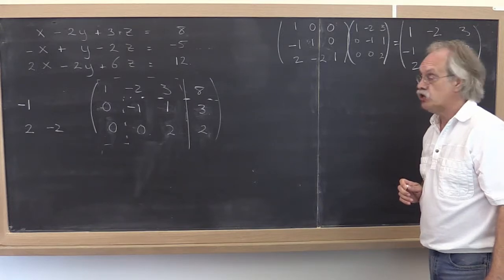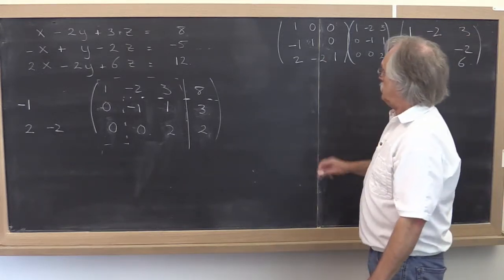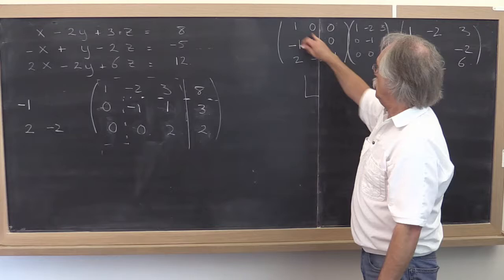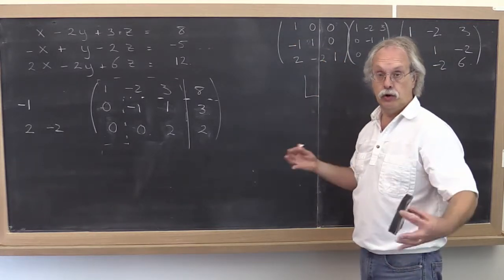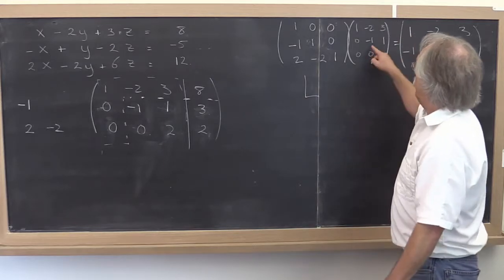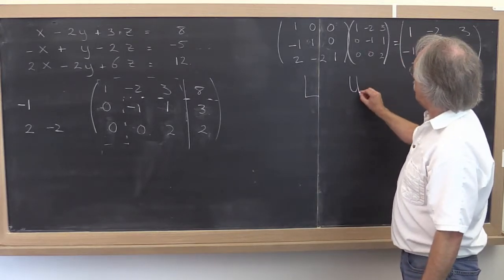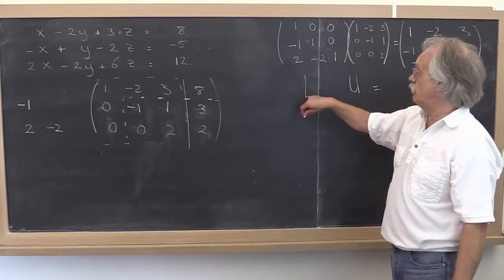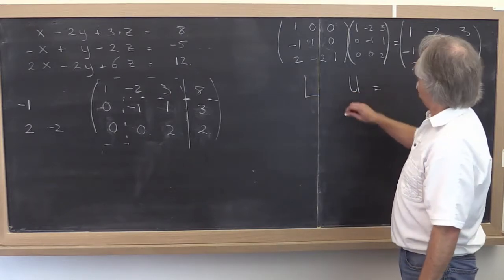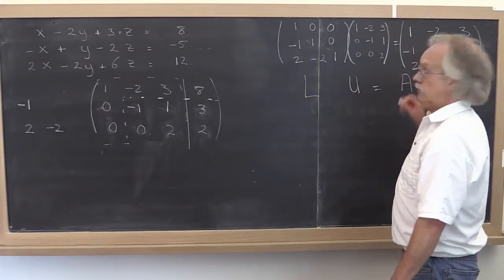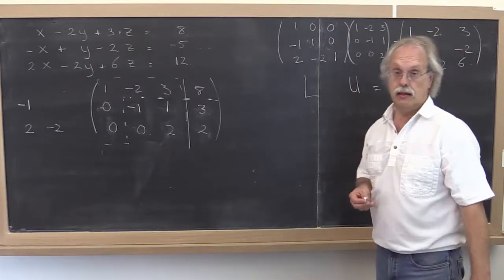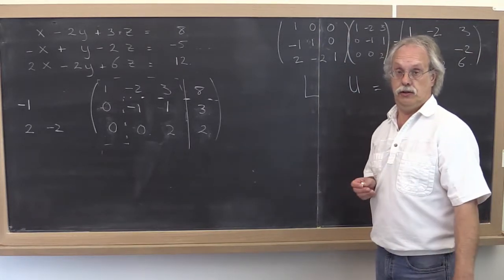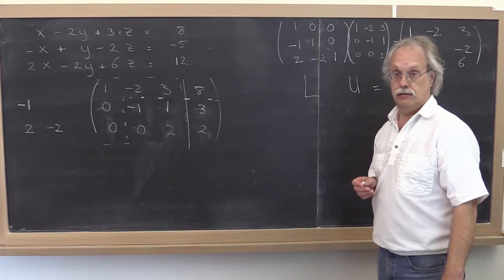This we can refer to as a unit lower triangular matrix. It's got 1s on the diagonal. This we can refer to as an upper triangular matrix, and what we're saying is if you compute L times U, you get back A. And this then is known as the LU factorization of matrix A.